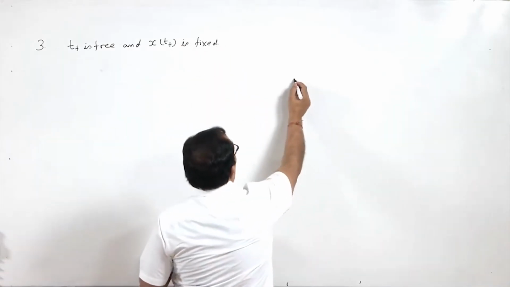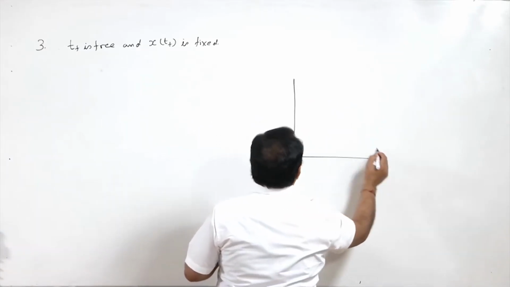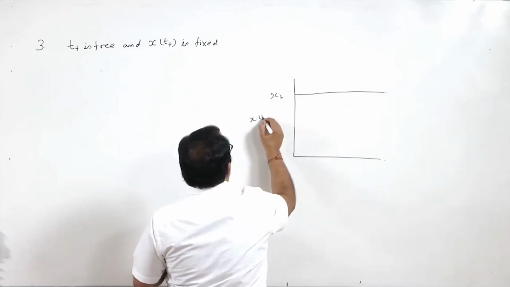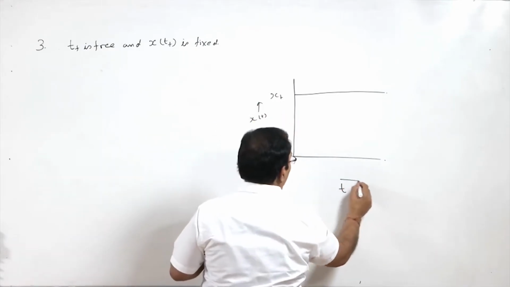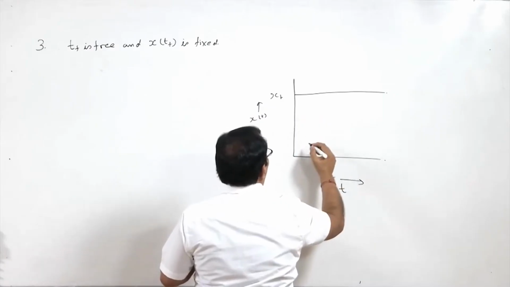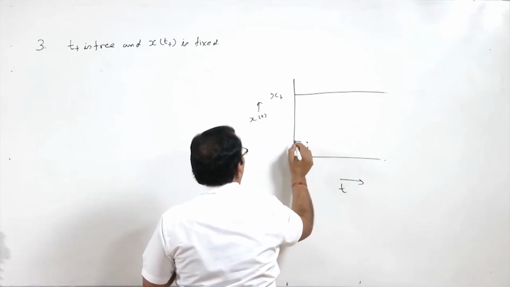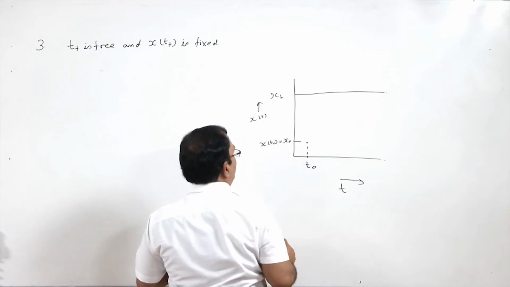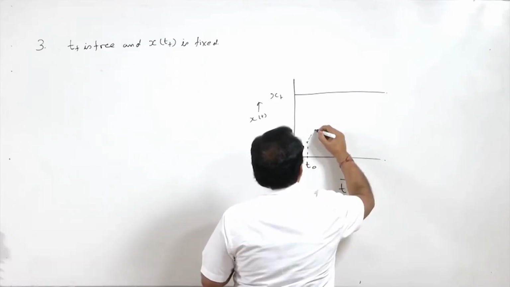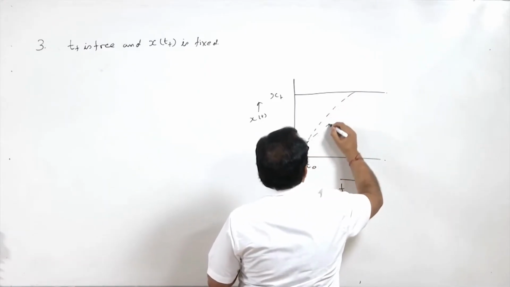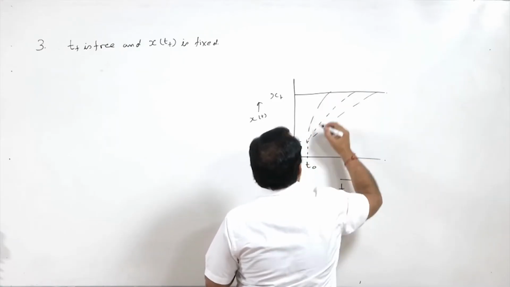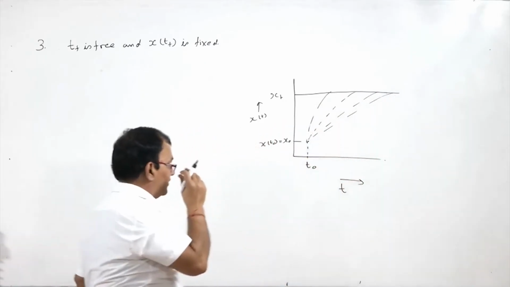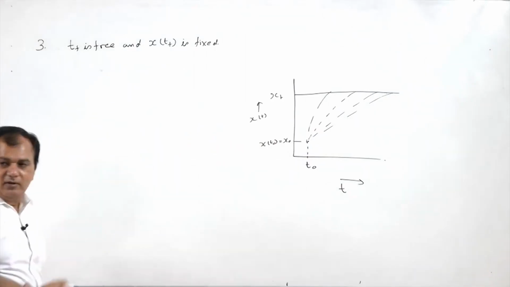If this is my x axis, this is x of t, this is t, and let us say this is my initial point t0, x of t0 is say x0, my final trajectory can terminate anywhere where x of tf is fixed. So, in this case also my tf is varying.